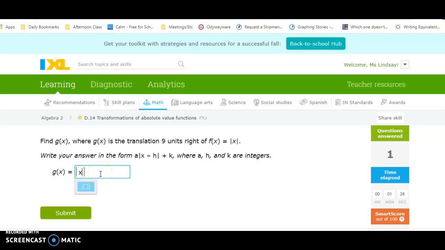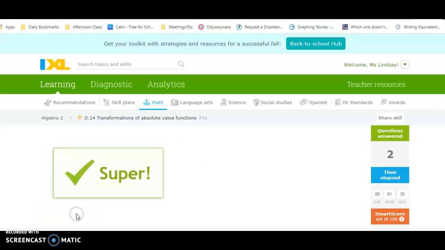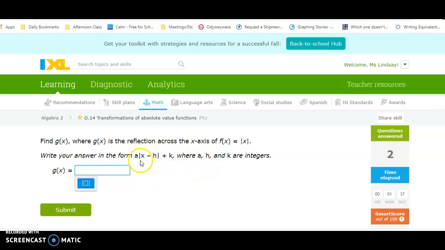Left and right is inside, but it's the opposite, so it's going to be minus 9 instead of plus 9. It says it's a reflection. So reflection means it's going to make it open down. So I just want a negative sign in the front, then my bars with the x inside. So it's just flipping that baby over.